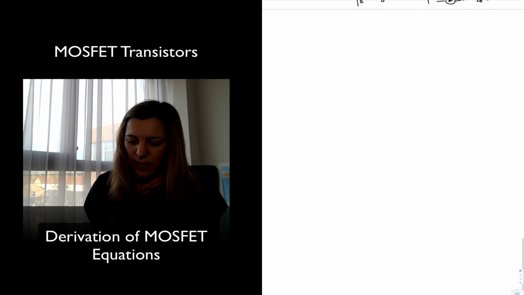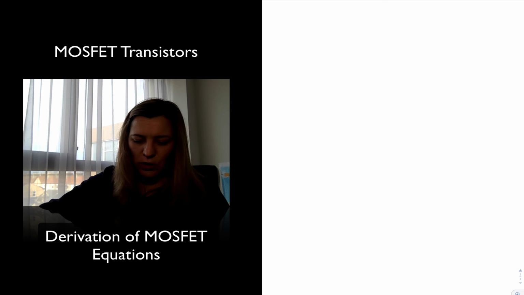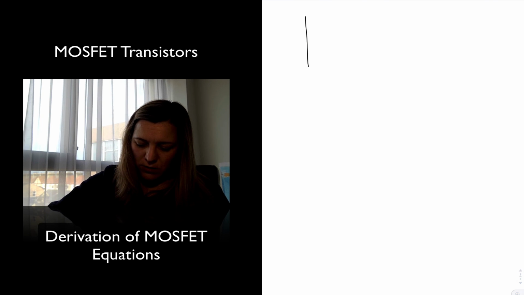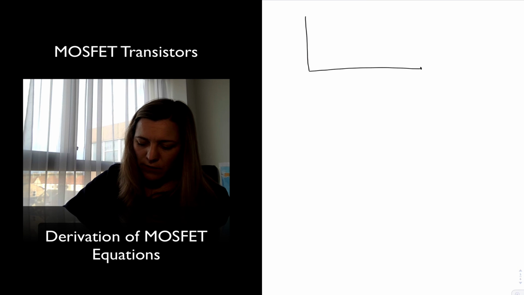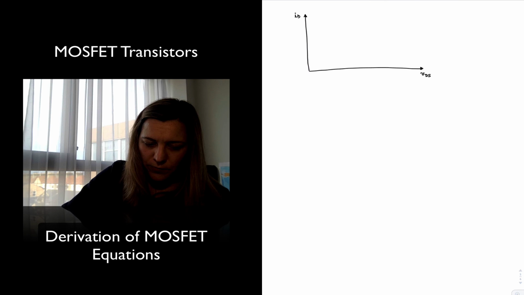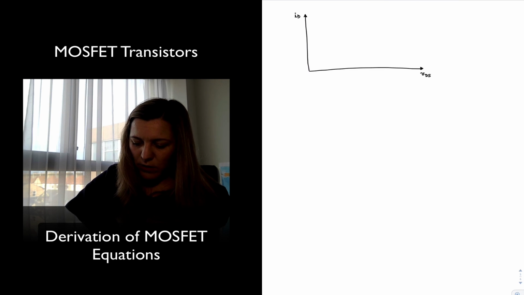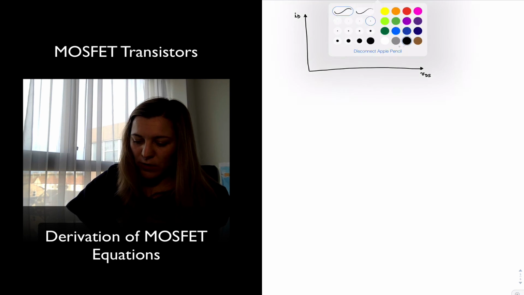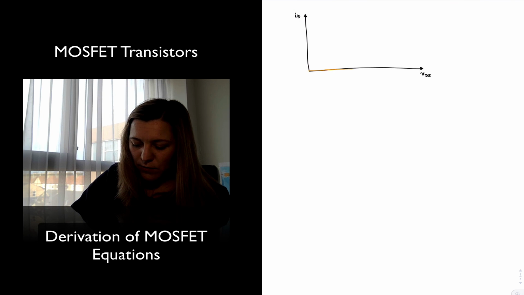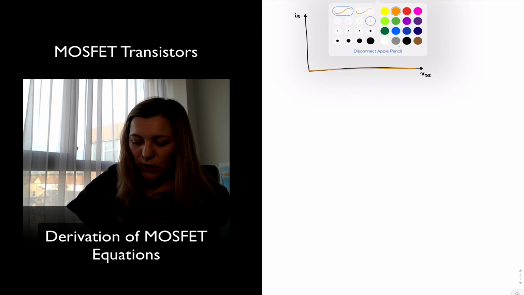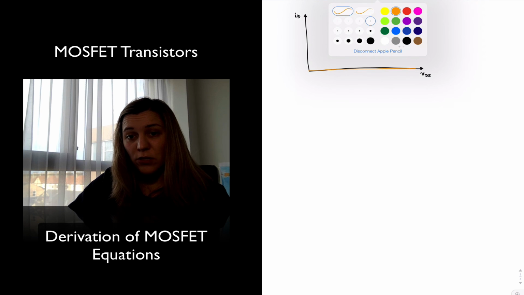We can go further ahead and draw our curves. Our IV curve of ID versus VDS. And we can observe the following. Well, we already had mentioned that for cutoff, the current will be 0. But for any other case where the gate voltage VGS is greater than the threshold voltage, or for a non-zero overdrive voltage, we will have the following curve.